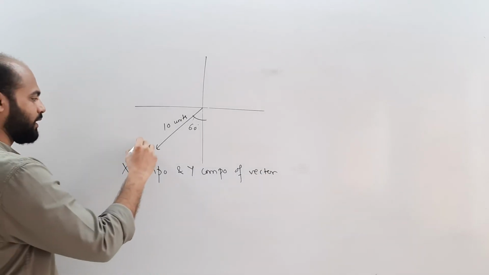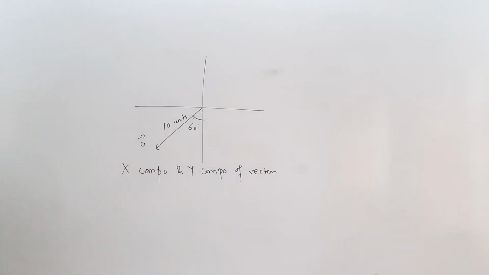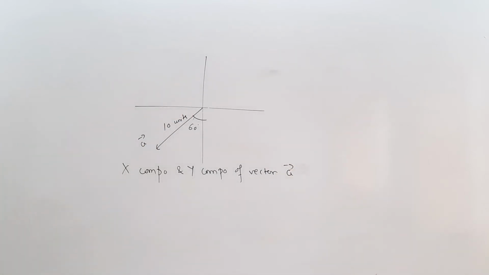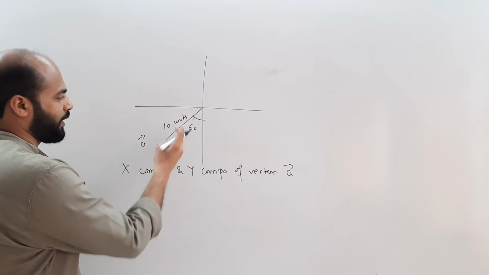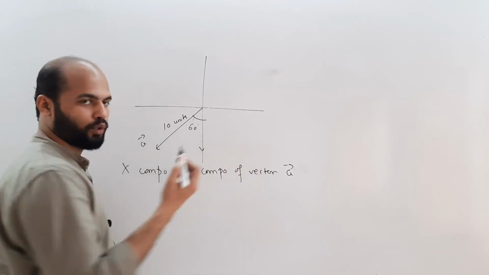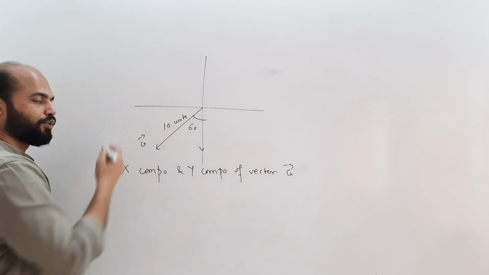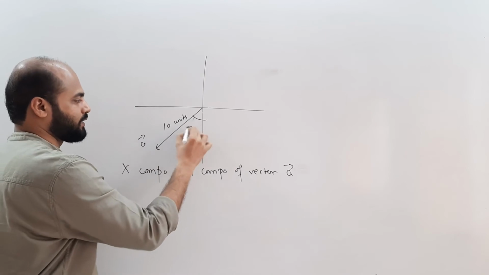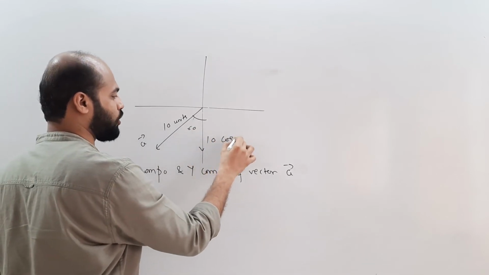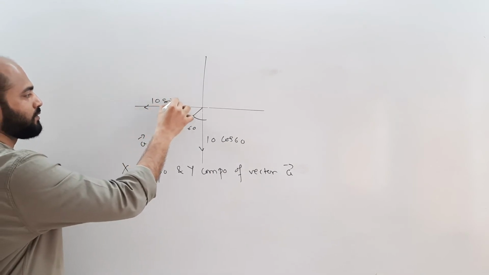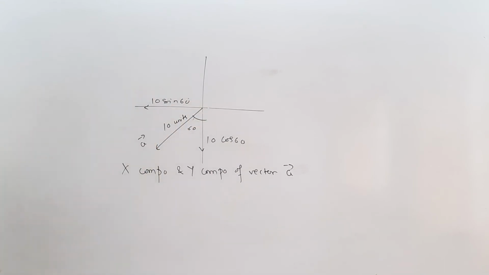So let's call this vector a bar. So rule of thumb is that wherever the angle is attached, that is going to be the cos theta component and the other component is going to be the sin theta component. For example, in this case, this component is going to be 10 cos 60 and this component is going to be 10 sin 60. So every time we don't have to calculate the trigonometric angle.